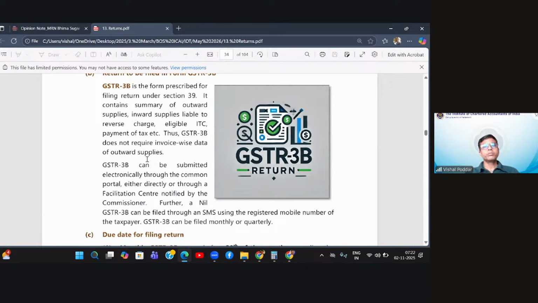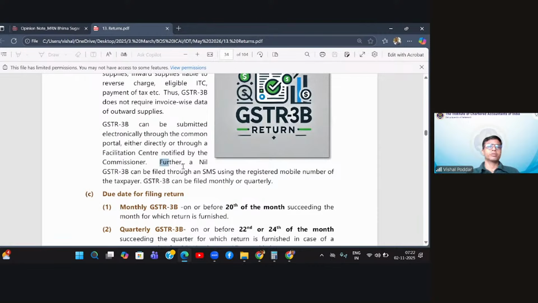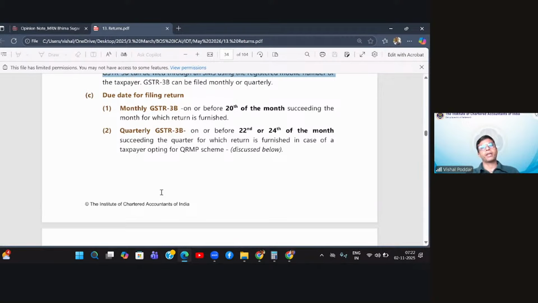Now, same like GSTR 1, if your GSTR 3B is nil, it can be submitted through SMS. So if it is nil, you can send a message to your registered mobile number and your 3B will be filed.